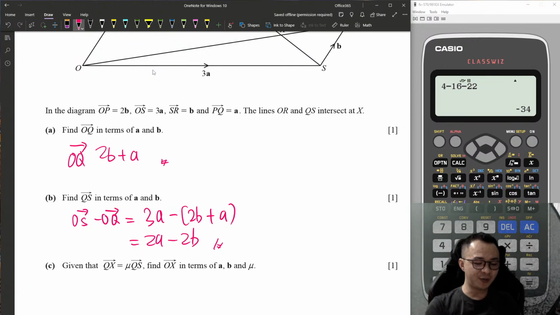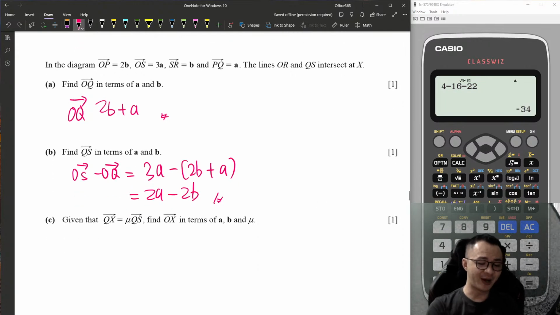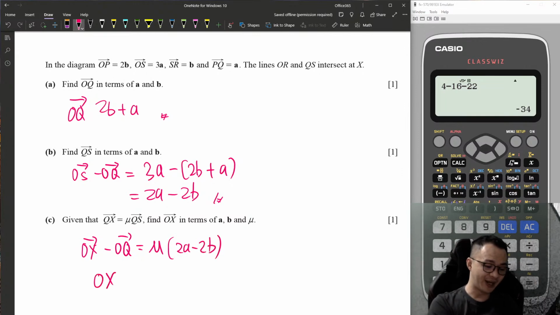Alright, then QX equals mu of the QS, find OX. So this one is bonus mark also. Because QX is basically OX minus OQ equals mu QS, and QS is 2A minus 2B. So to expand OX, I'm going to throw my OQ to the other side, because OQ is 2B plus A, right?